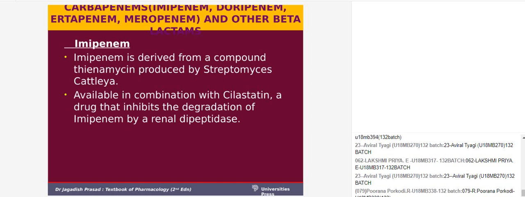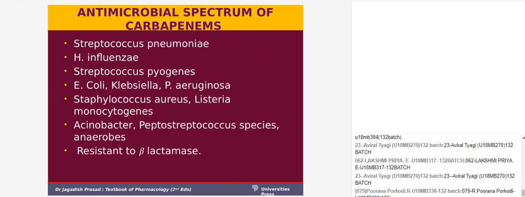They exhibit cross reactivity with penicillins and cephalosporins. Nausea, vomiting, and skin rashes are common side effects, and CNS toxicity is there. Okay, so we are seeing the carbapenems like imipenem and cilastatin, which are used in mixed bacterial infections.